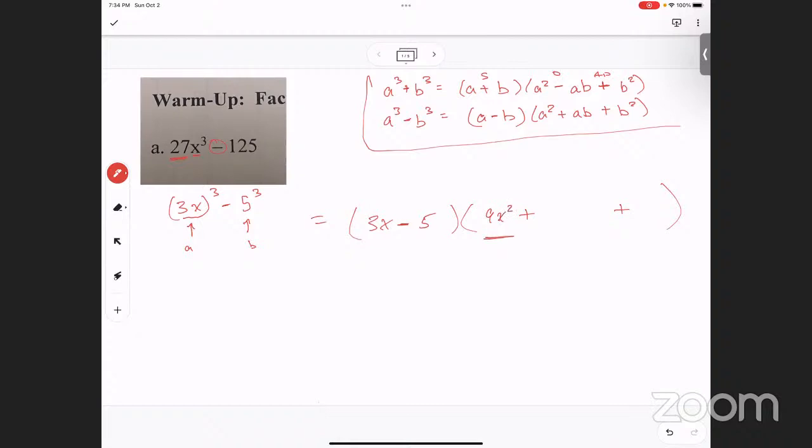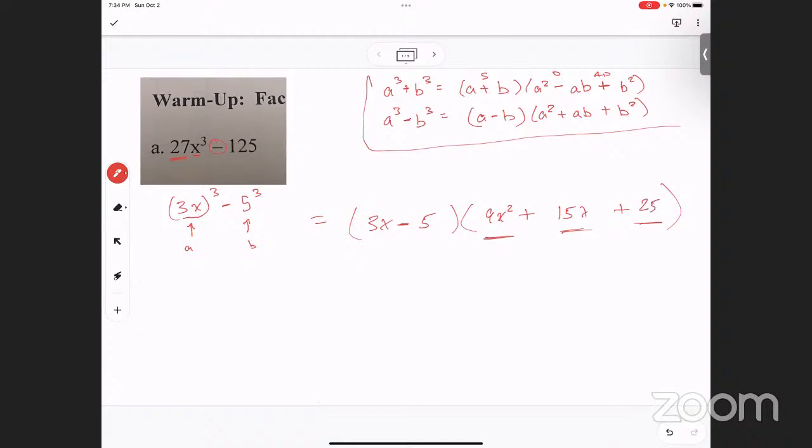You don't write parentheses. What goes here? 15x. Very good. And what goes at the end? 25. Perfect. And that's how it factors.